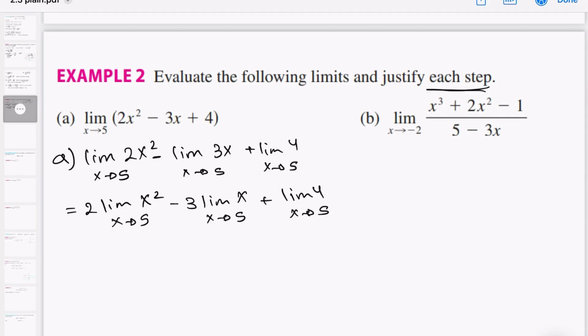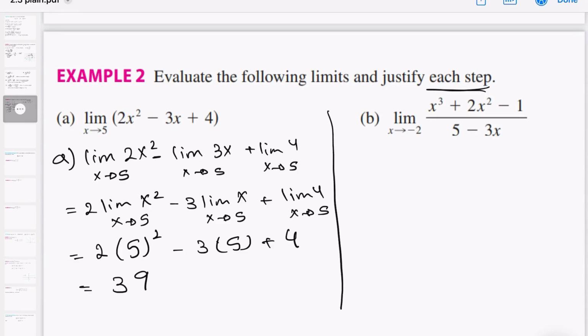And by law 9, 8, and 7, we can just substitute the 5 in the x squared. This will give us 5 squared minus 3 times 5, just substitute the 5 in the x, plus the limit of the constant, just the constant, which is 4. This will give us the final answer, which is 39.